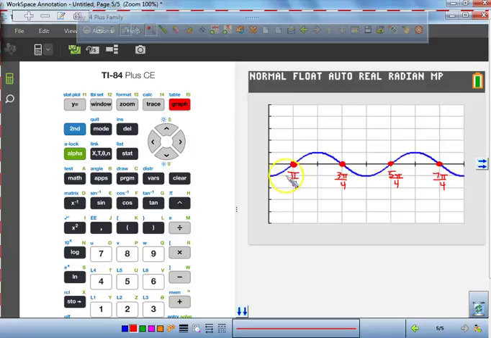Now what I want you to understand: what was our x minimum? Our x minimum was 0. What was our x maximum? 2 pi. Does this graph just stop between 0 and 2 pi, or does it go forever? It goes forever. That's why I had to add plus 2 pi n to all of your answers.